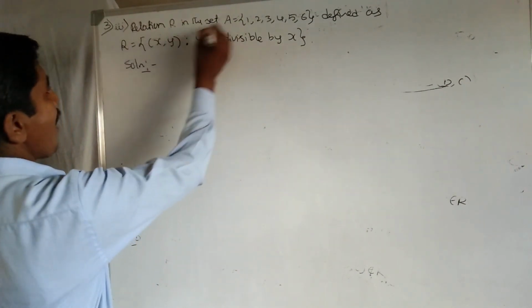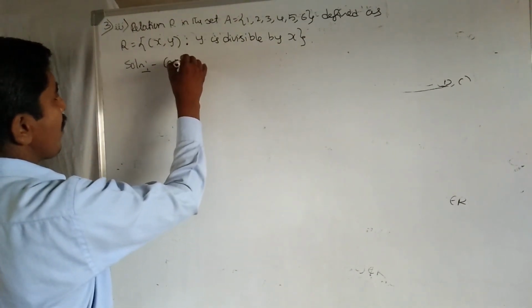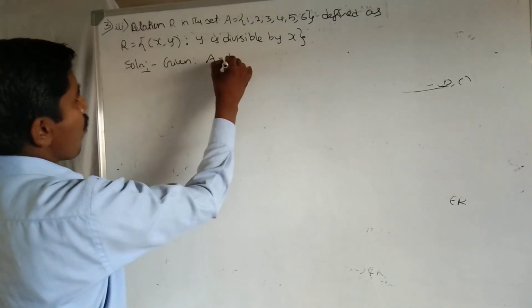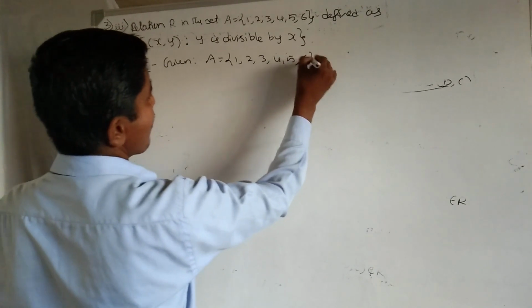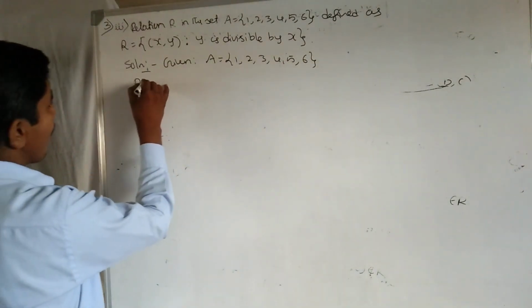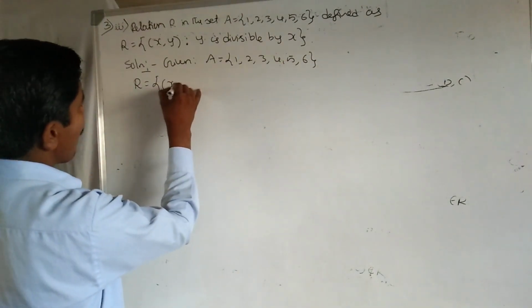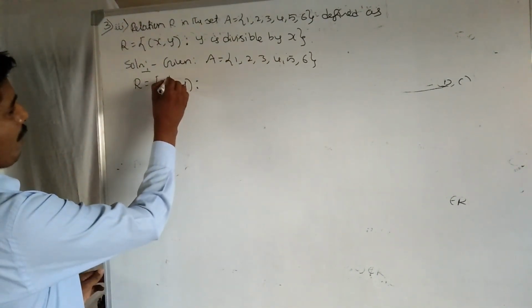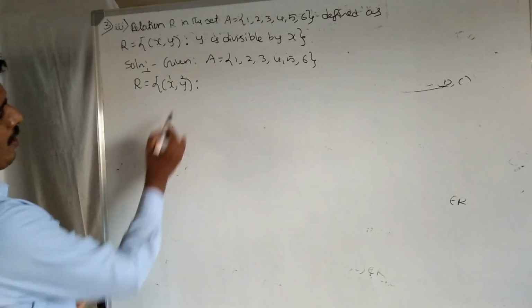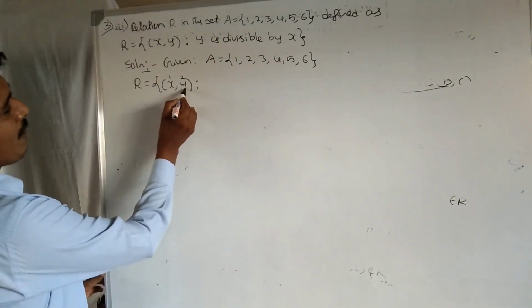This relation is defined on set A here. Given set A equal to {1, 2, 3, 4, 5, 6}. A relation is defined R equal to {(x,y)}, where x is the first element of the ordered pair, y is the second element of the ordered pair. What is the relation between the first and second element of the ordered pair?